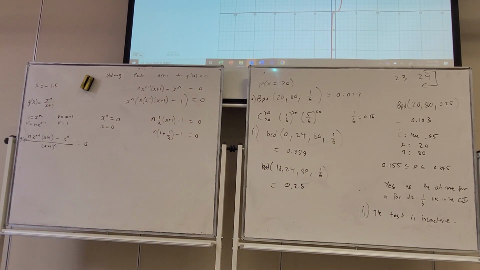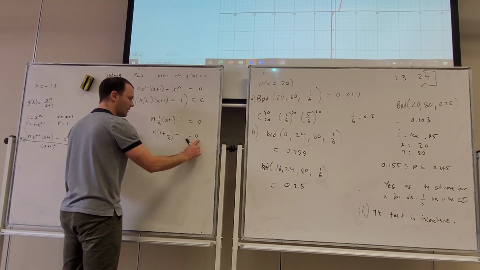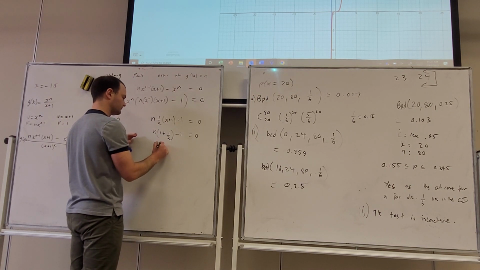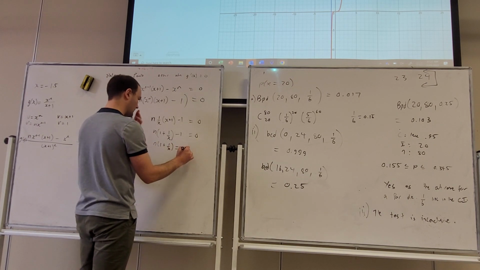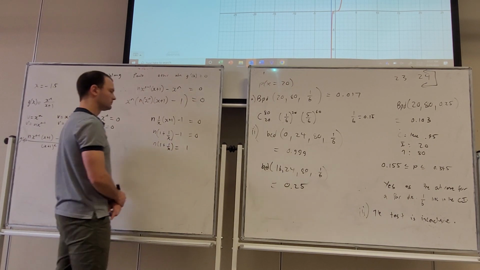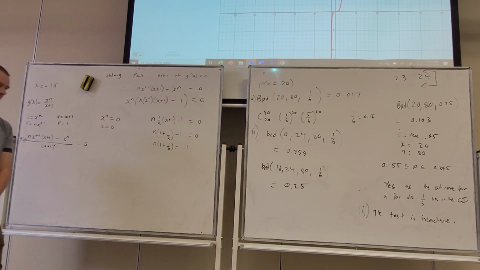We want x by itself. Okay, we're trying to get x by itself. So let's move that 1 over the other side. We'll divide both sides by n.